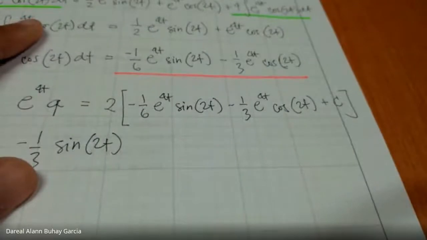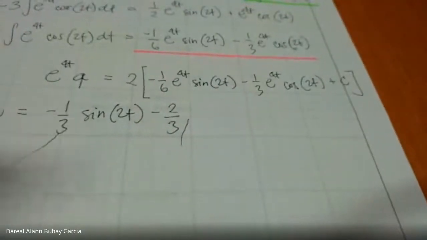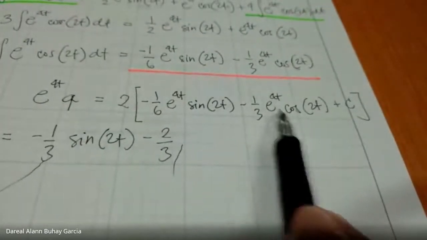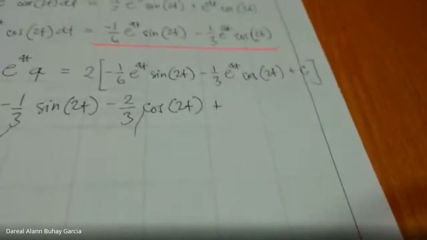Minus 2/3, e^40 cancels, so cosine 2t. Plus negative 40, e to the negative 40 times C. Right. So that is the expression for Q.